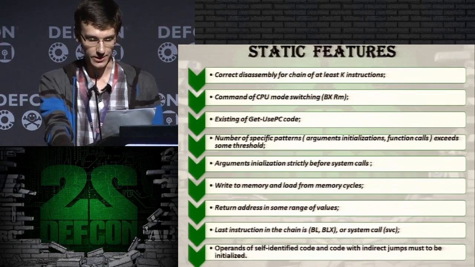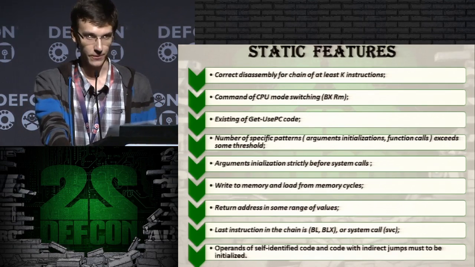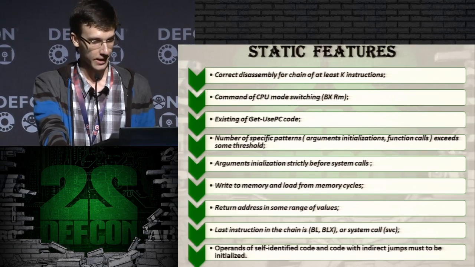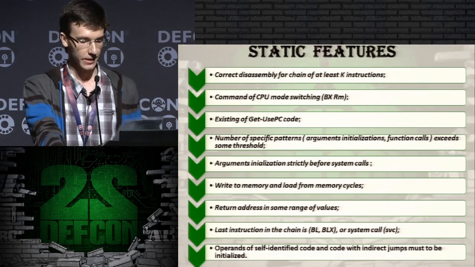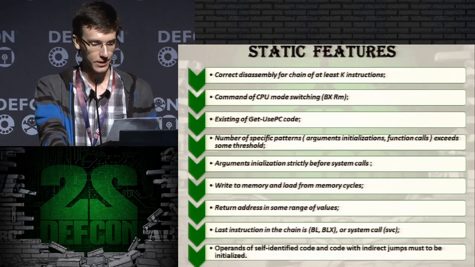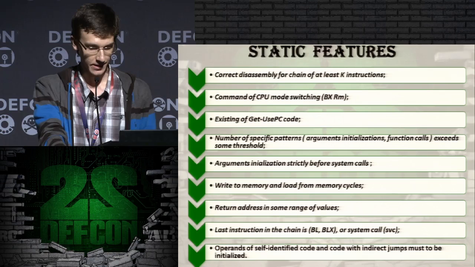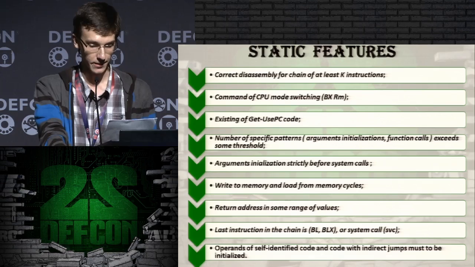We will run through this list of features and then check them on examples of real shellcodes. The first feature is correct disassembling of data. The point is that shellcode is an executable program, so it has a continuous chain of instructions. If you disassemble random data into a chain of instructions, with high probability this chain will not have a particularly big length.